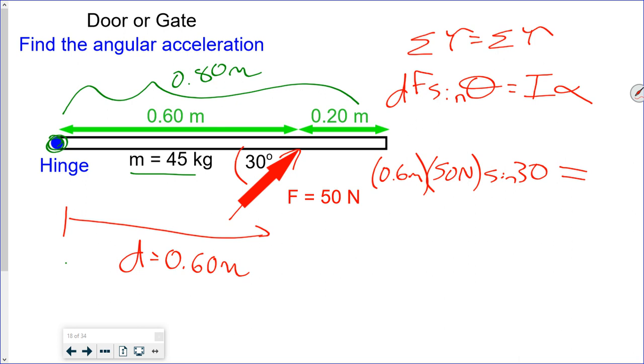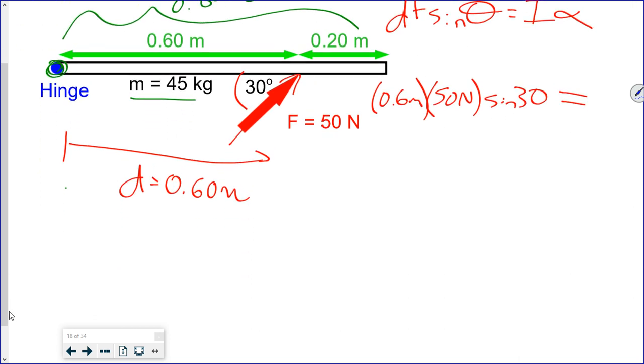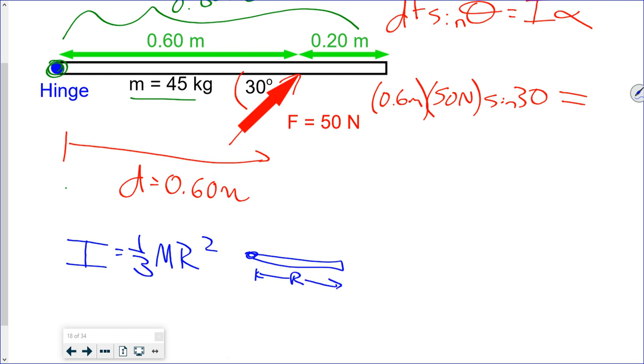Equals, let's see, rotational inertia. Well, this is a door, right? If you go back to your rotational inertia sheet, as a top view, we can treat this as a rod pivoted about the end, in which case I is equal to 1/3 m r squared, where r is the total length of the rod.